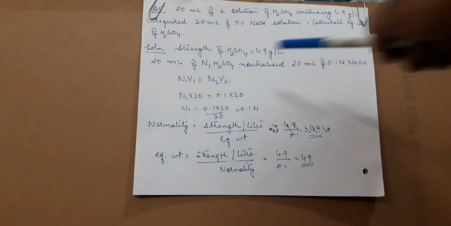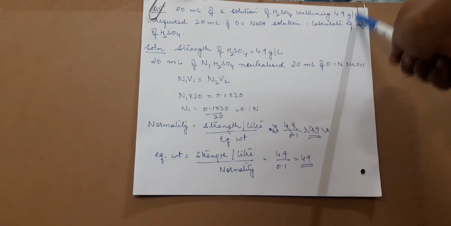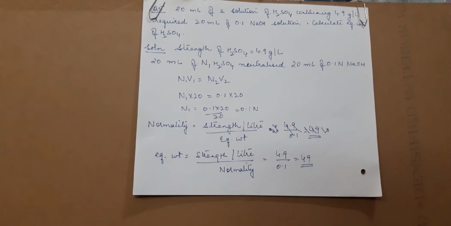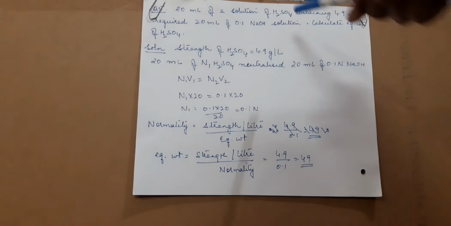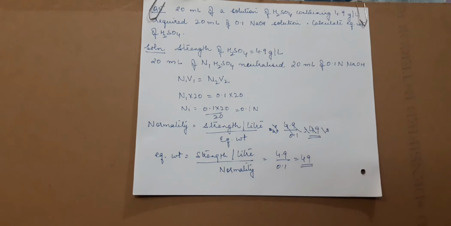The strength of sulfuric acid is given as 4.9 grams per liter. Now 20 ml of sulfuric acid neutralized, the question says, 20 ml of 0.1 normal NaOH. To find the equivalent weight, I have to first find the normality.